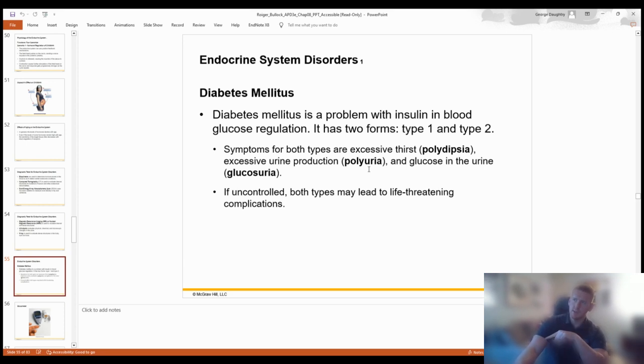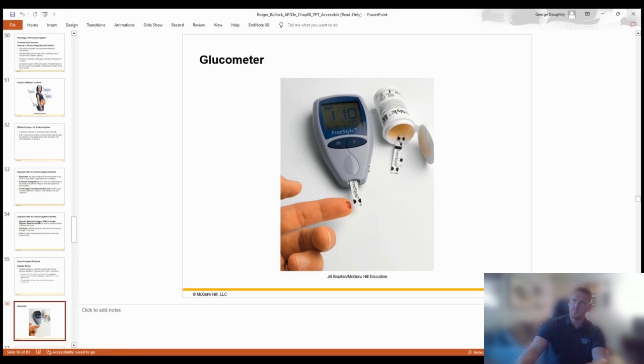Symptoms of diabetes for both types are excessive thirst, polydipsia, excessive urination, polyuria, and there's glucose in the urine, meaning glucosuria. Okay, so those are the three main symptoms of diabetes that I want you to be familiar with: excessive thirst, excessive urination, and sugar in the urine. And in all cases, if you have uncontrolled diabetes and uncontrolled blood sugar, that can be life-threatening.